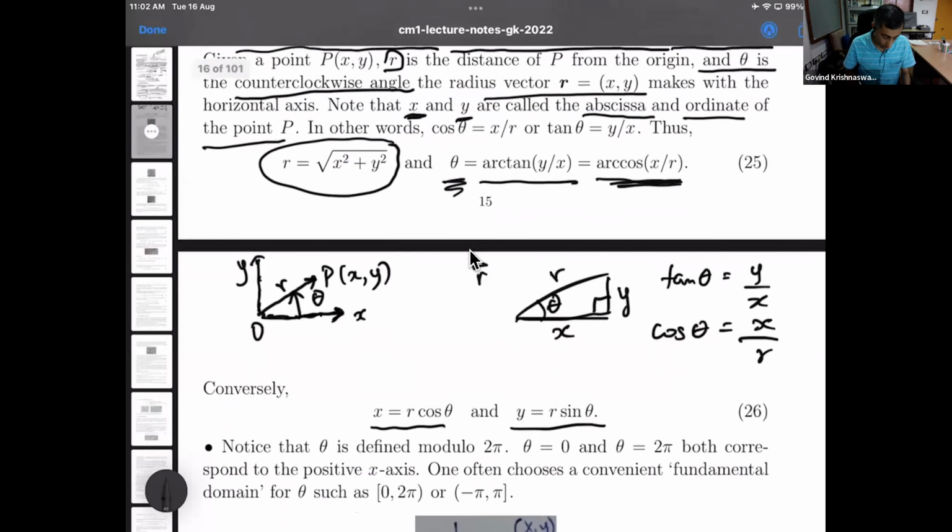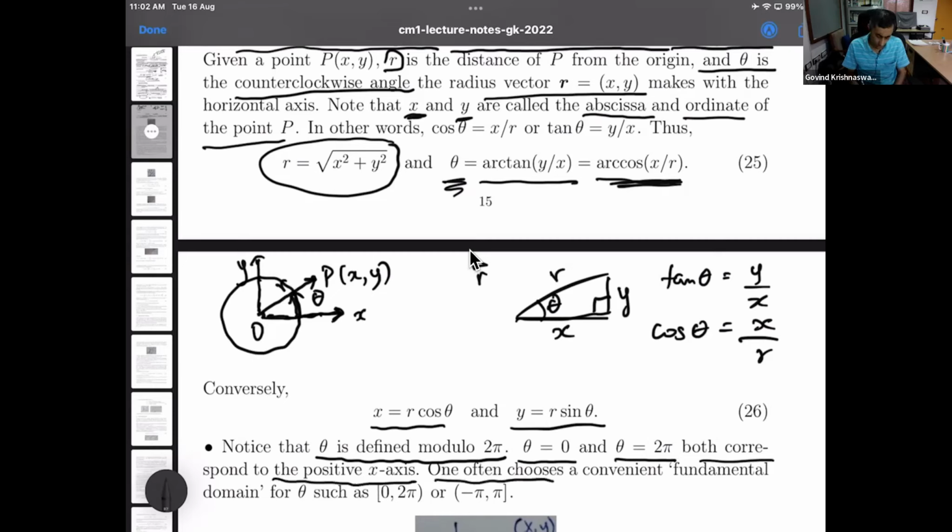Let us just notice here a technical point that theta is defined modulo 2 pi. I could go all the way around and back here. So it's defined only up to an addition of multiples of 2 pi. In other words, theta equal to 0 and theta equal to 2 pi both correspond to the positive x-axis. So there is a redundancy here.